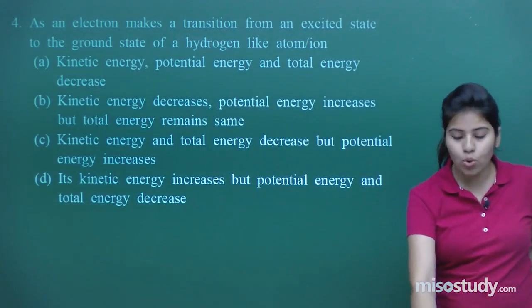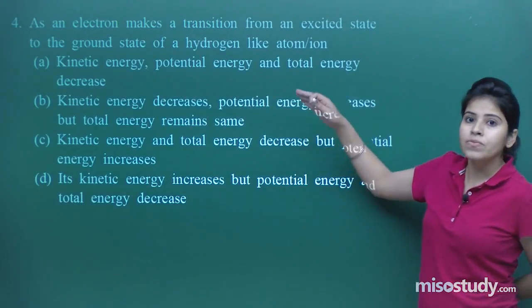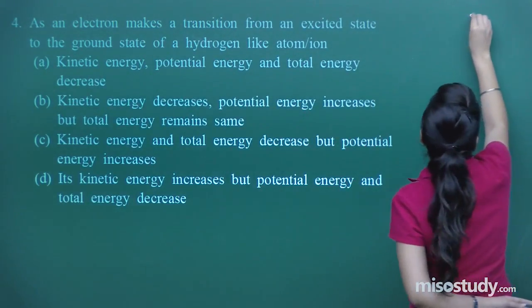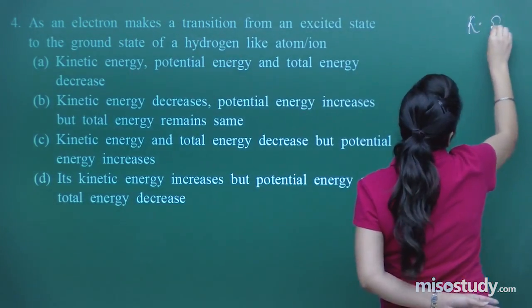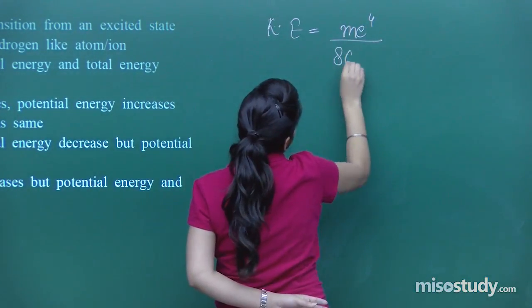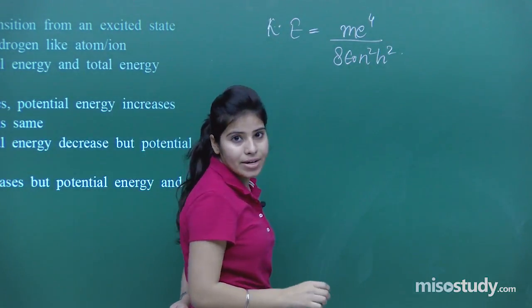So before knowing this, we should know the formulas for kinetic energy, potential energy and total energy. So we know that kinetic energy is nothing but, this is the formula of kinetic energy.